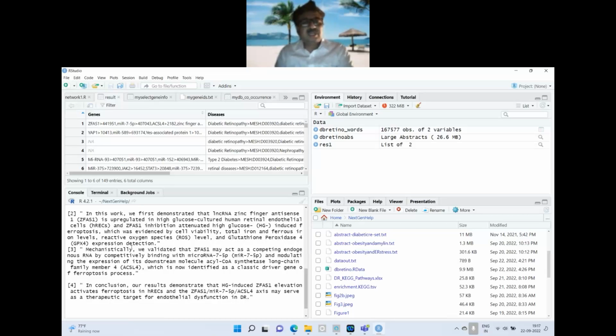Also, in this third sentence here, we are not reading the whole abstract, we are jumping to those sentences where the authors have written about this gene.